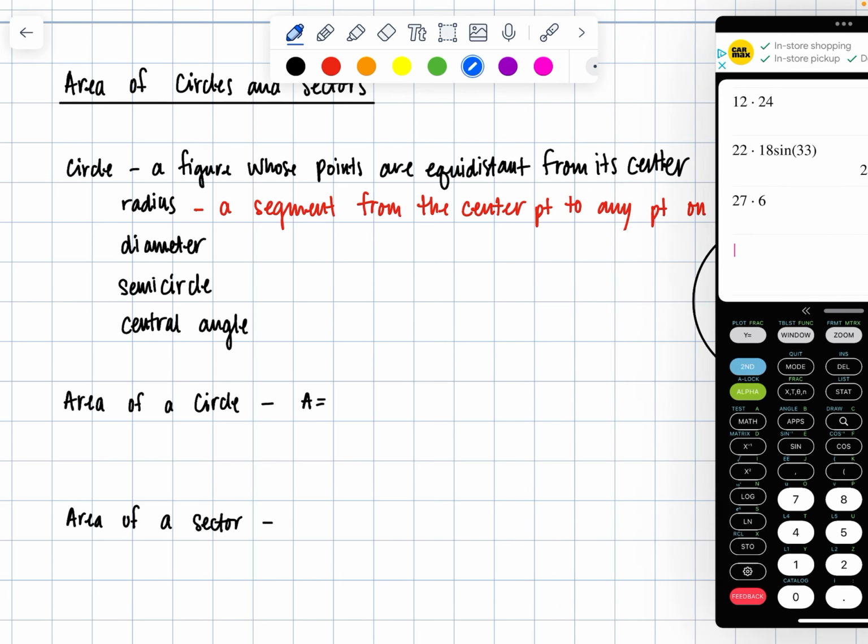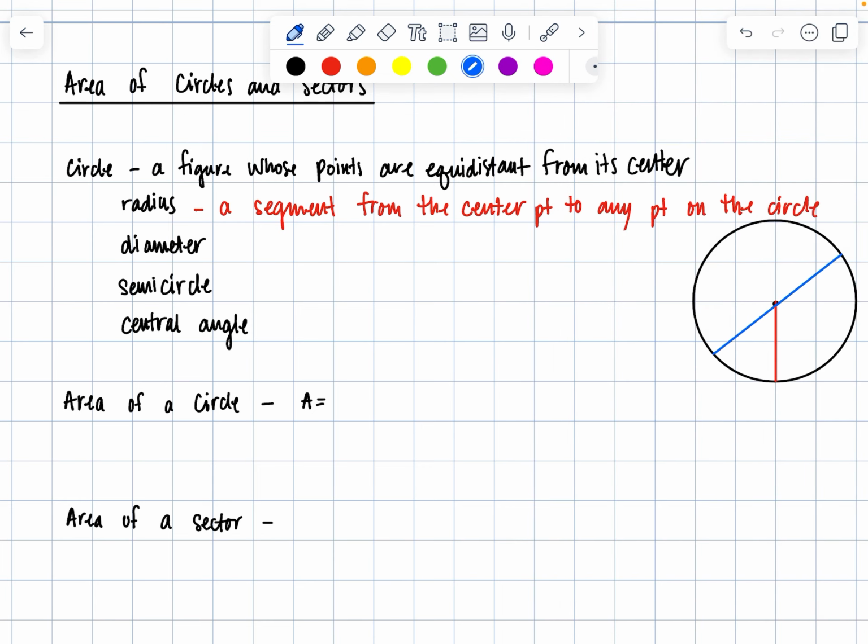Diameter. A diameter is a little more specific.